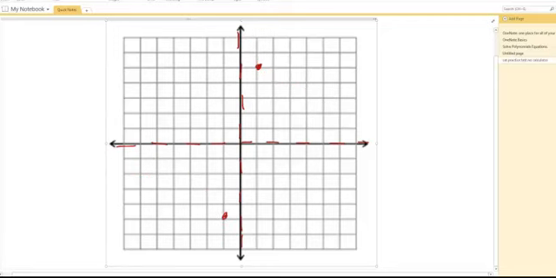Let me go ahead and fix this graph. And so that's how we graph it. Now, if you would like, you can find 2 points on each side. I'm doing this in my head, so I'm only finding 1. And then if we look at this, our axis of symmetry will be the y equals 0 lines.